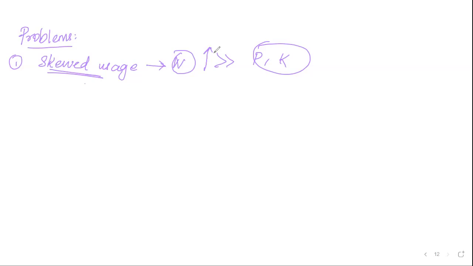Then we learned about the spatio-temporal variation with respect to fertilizer. That is also an important problem. In irrigated areas of the green revolution belt, there is high usage of fertilizer, but it hardly covers some 30% of the land area.